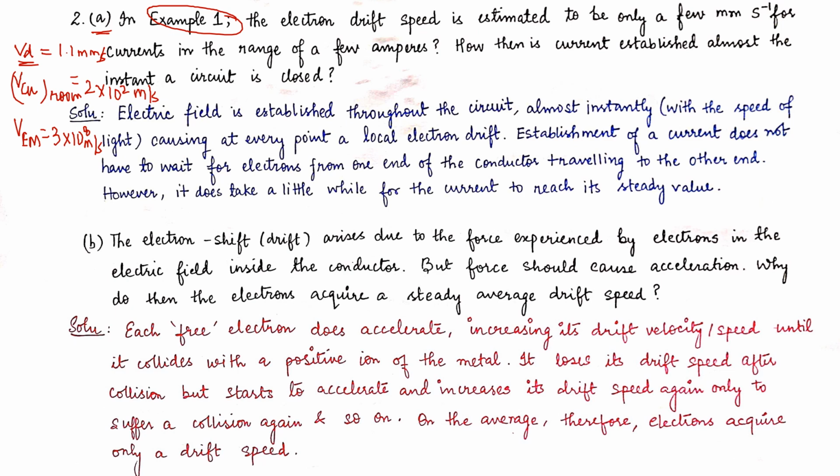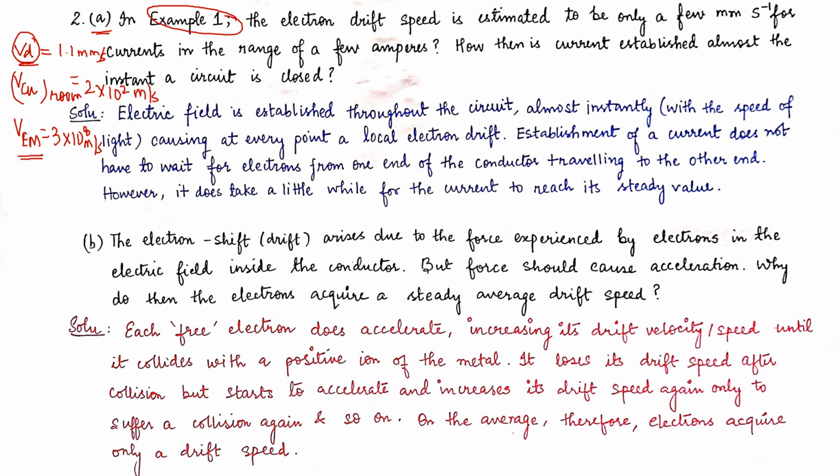Here we have seen that the drift velocity is very small compared to the speed of copper atoms' vibration at room temperature as well as the speed of electromagnetic waves.